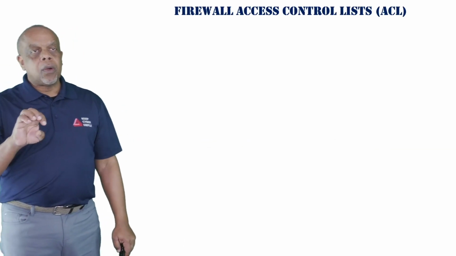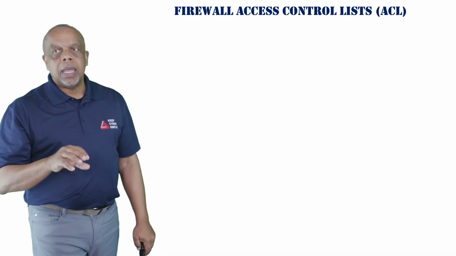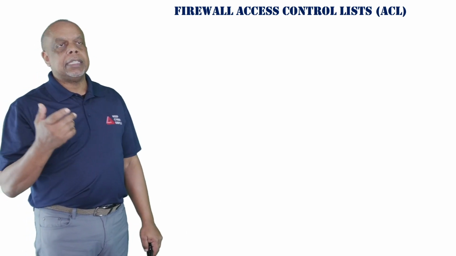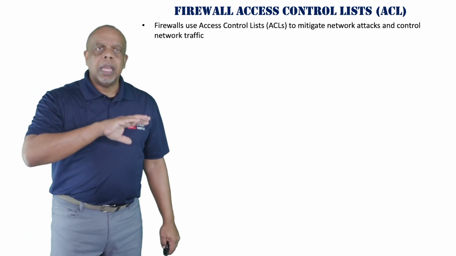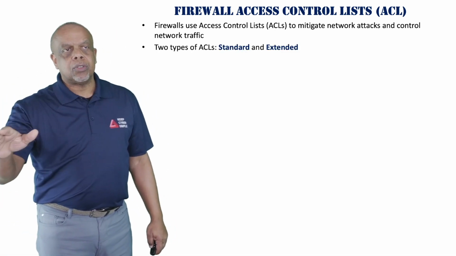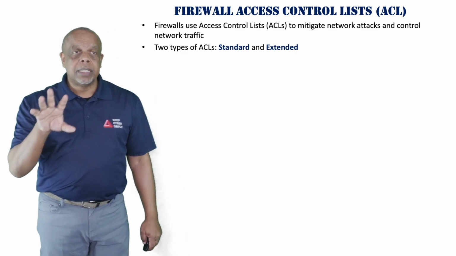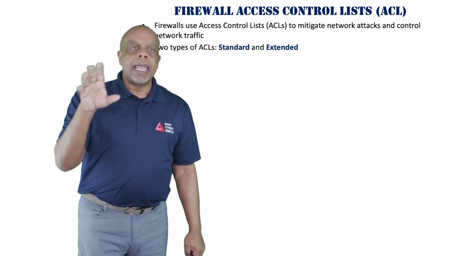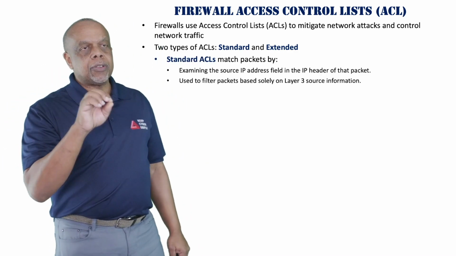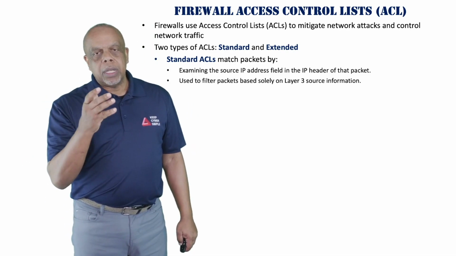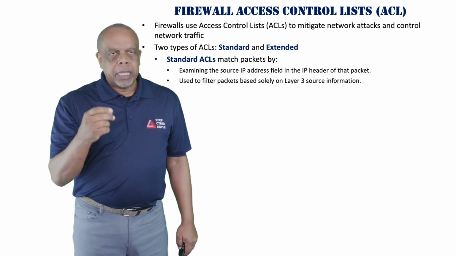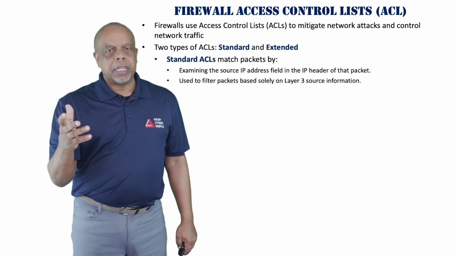So when we think about firewalls, they work on something called an access control list, ACLs. That's really what helps mitigate network attacks and control network traffic. There are two typical types of ACLs, a standard and an extended. A standard ACL is doing a pretty simple match, and these work mostly at the packet level, layer 3, layer 4.